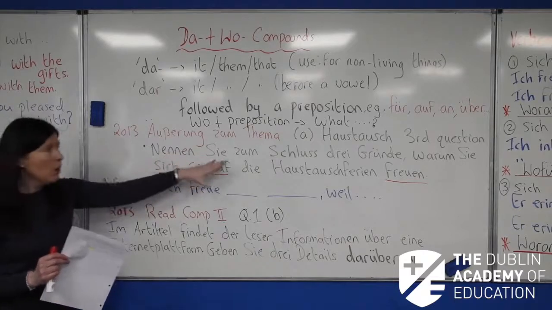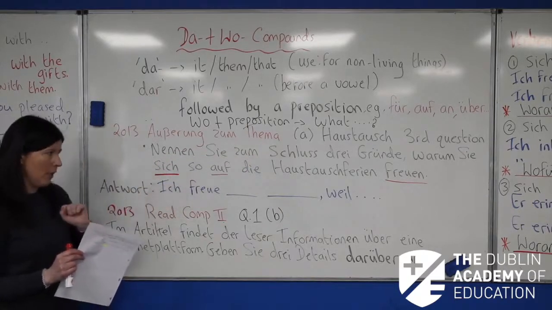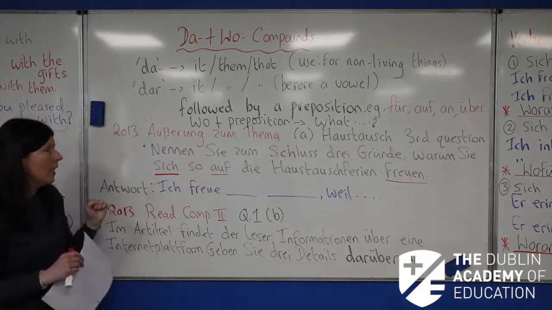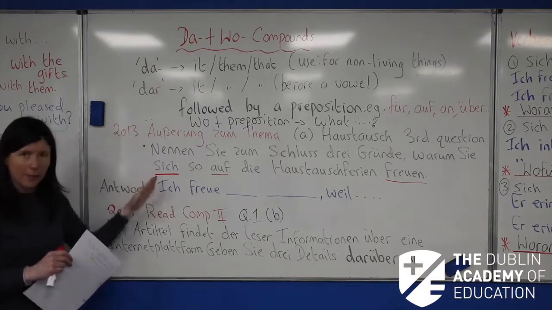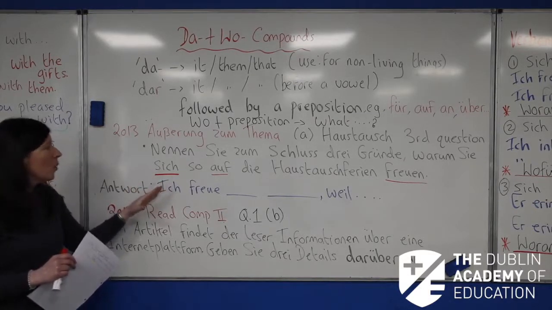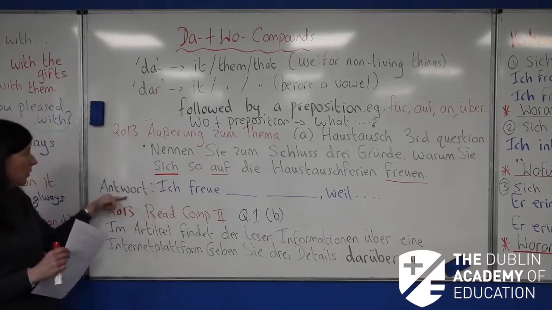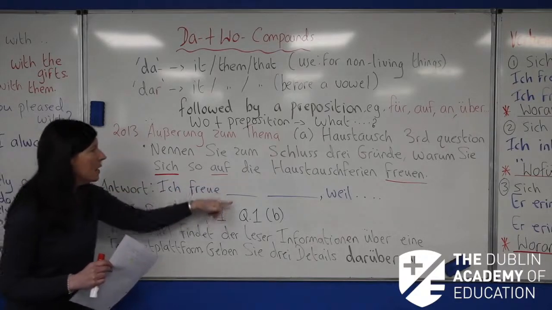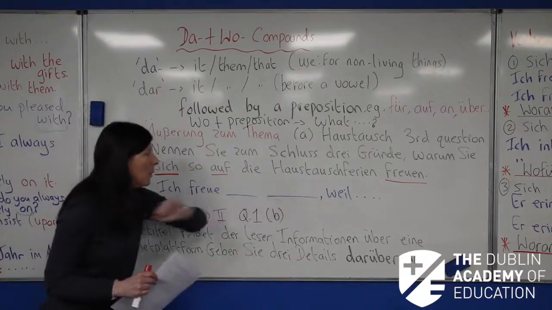Name, in conclusion, 3 reasons why you are really looking forward to the house swap holidays, okay? So it's sich freuen auf, and it's to be able to spot that there. So, how would you answer it? You could say, ich freue mich, what would I put there? What will I put here, and what will I put here?